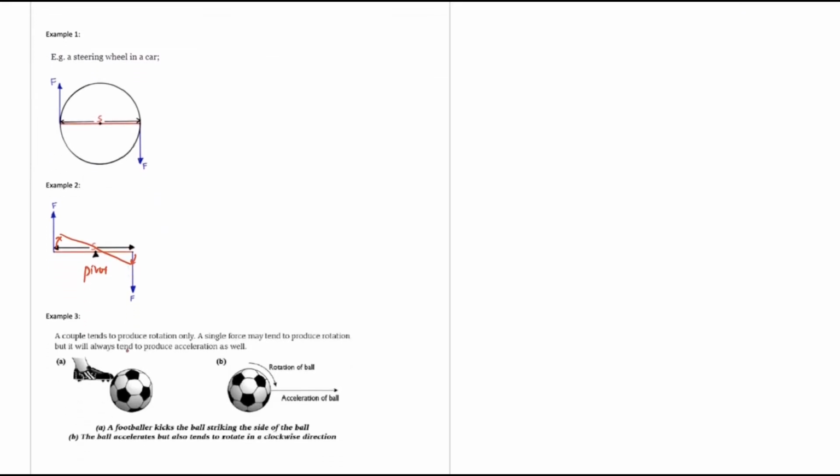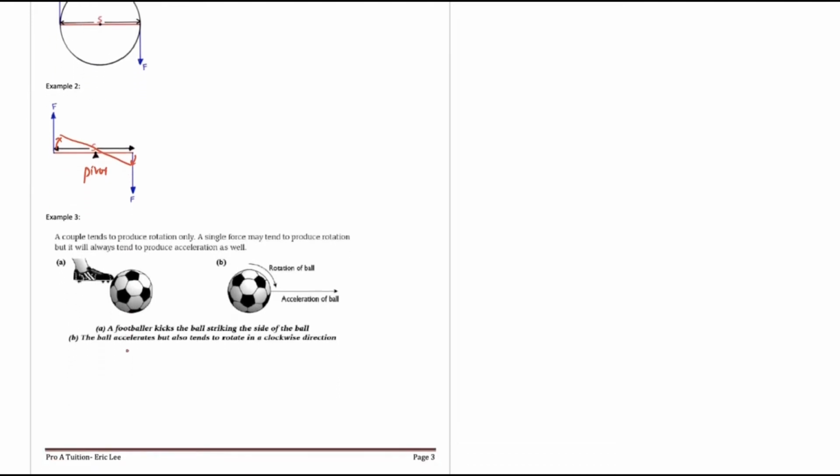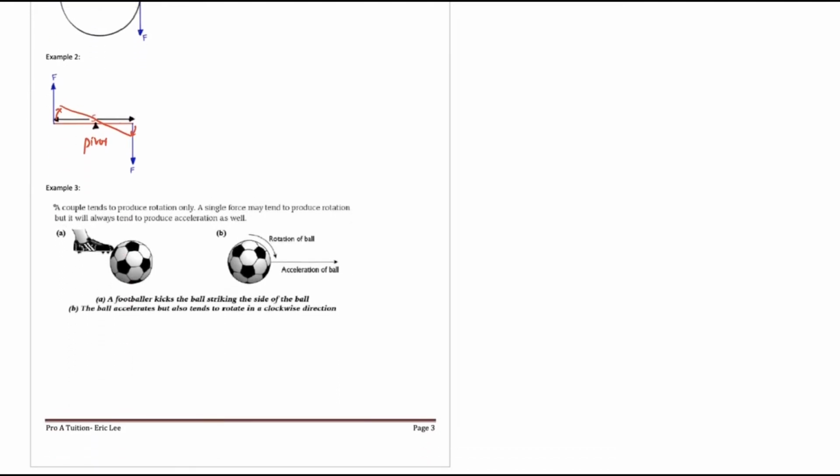Now let's see another example. A couple tends to produce rotation only. A single force may tend to produce rotation, but it will always tend to produce acceleration as well.